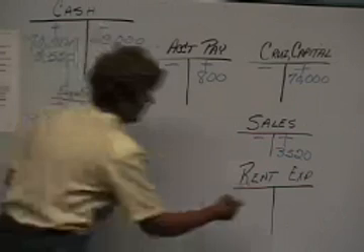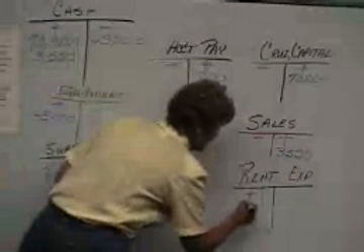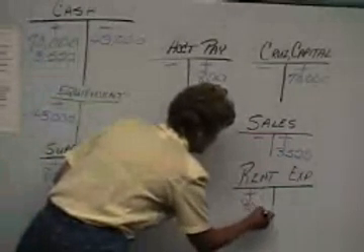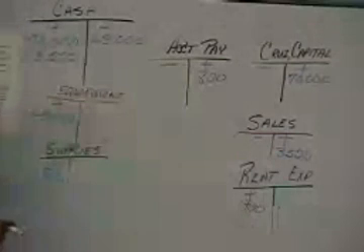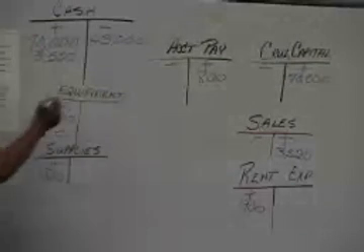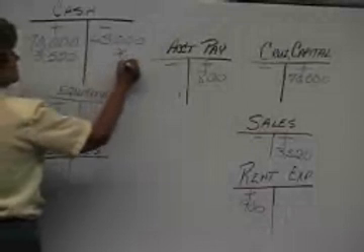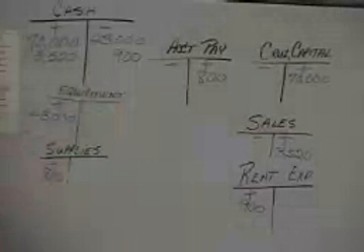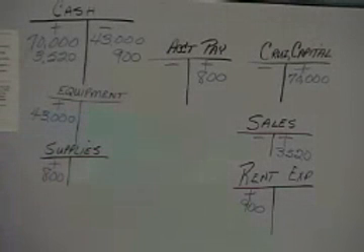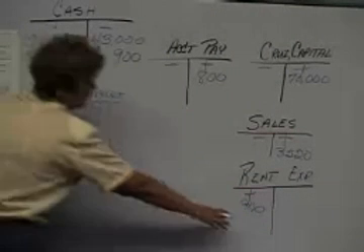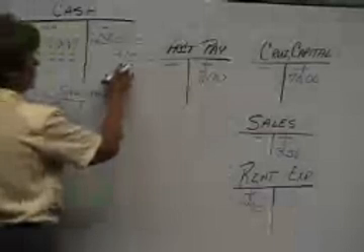So to record that, we would show the $900 on the debit side of the rent expense as an increase to rent, and we are paying out cash, so we are recording that on the minus side or the credit side of the cash account. Again, we have one debit and one credit.